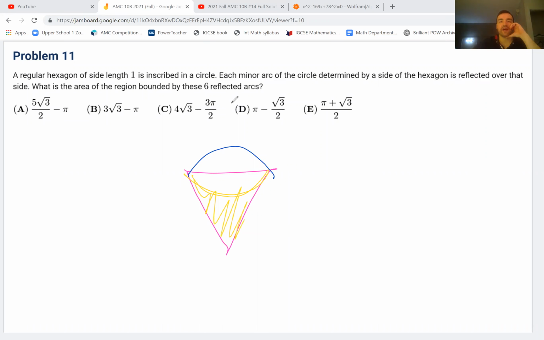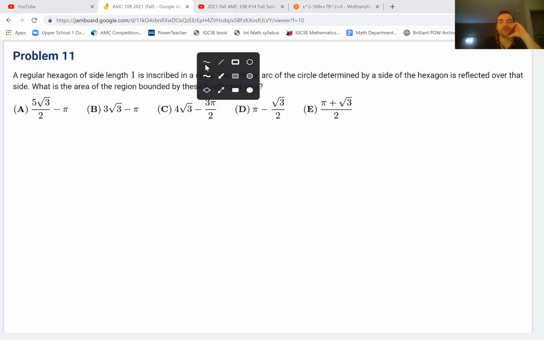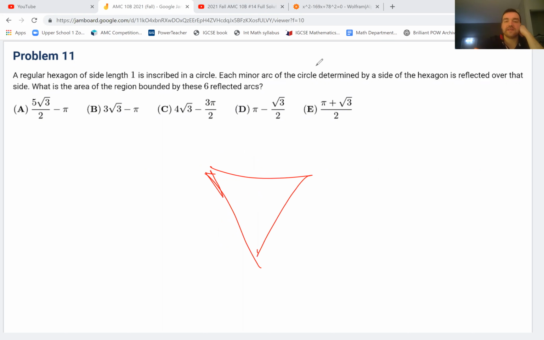One way you can think about this is to remember we have this triangle, an equilateral triangle, and then we have this piece of the circle. Imagine if we doubled it. What if we reflected the triangle over its own side, so that we ended up having two of that triangle?